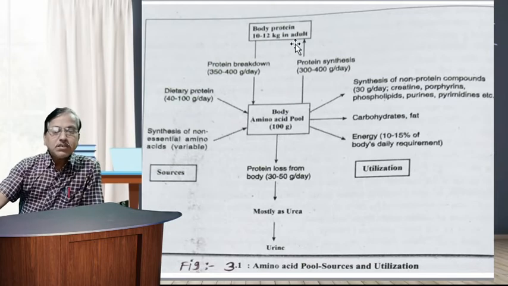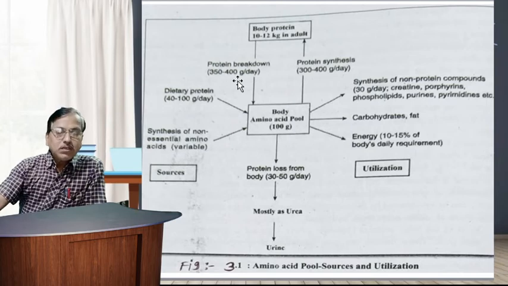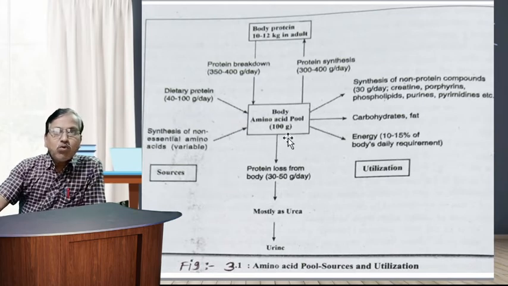So this is the first, in your body proteins, also 10 kg in adults. Protein breakdown 350 to 400 gram per day. We also have, second, body amino acid pool 100 grams. This also utilizes dietary proteins 40 to 100 gram per day.